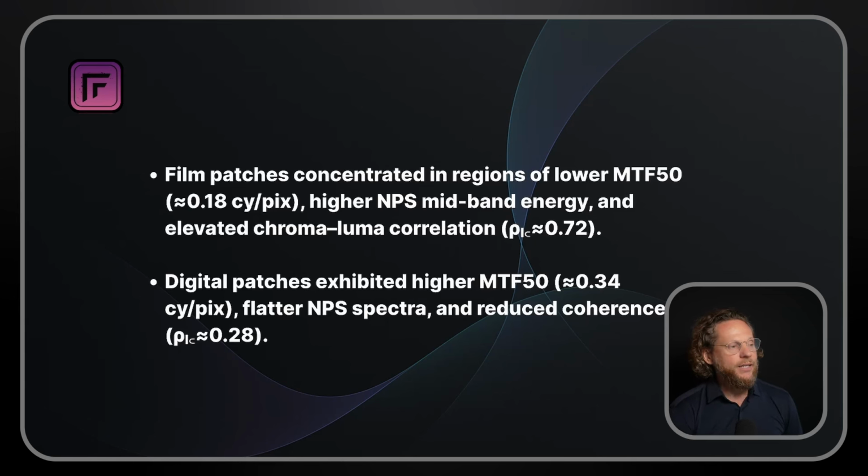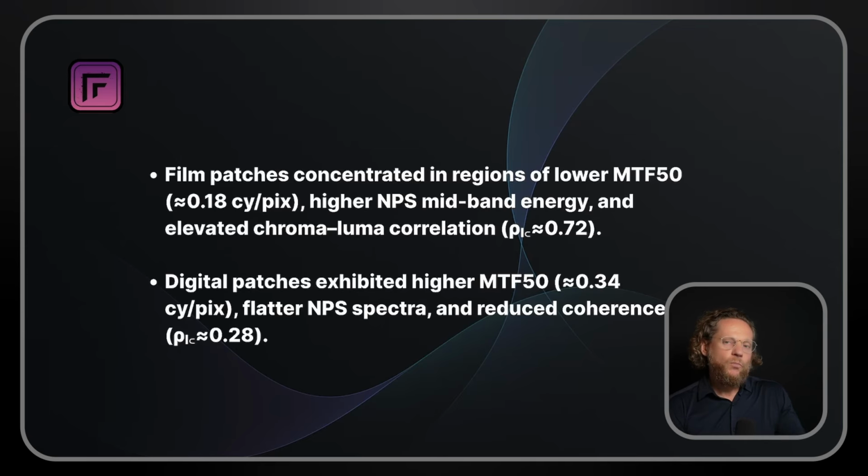We definitely saw a huge difference in MTF50s. We definitely saw it in noise power spectrum in mid-band. We definitely saw a huge chroma-luma correlation, which we always suspected was there anyway, but now we had numbers to it.